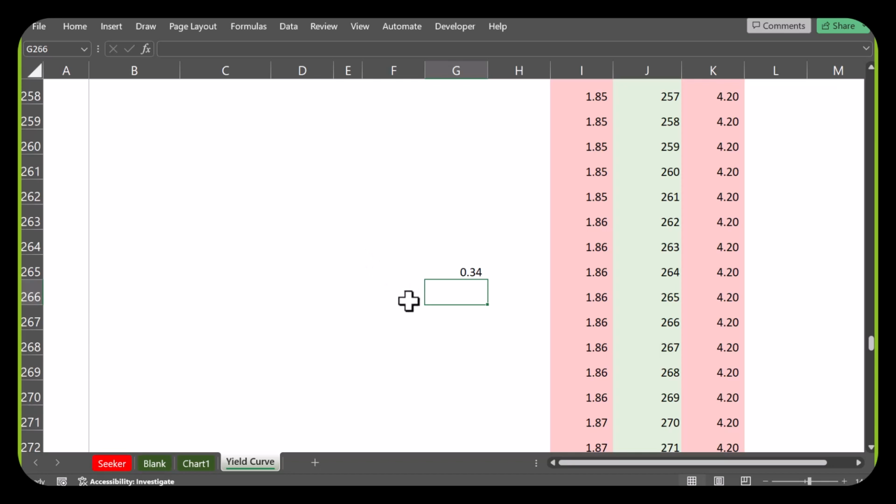And it's kind of simple, you know. I'm gonna basically take, let's say I have $10 million for that month, divided by 1 plus the monthly rate, raised to the power, let's say it was 265.